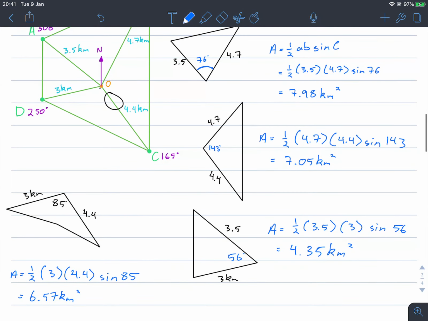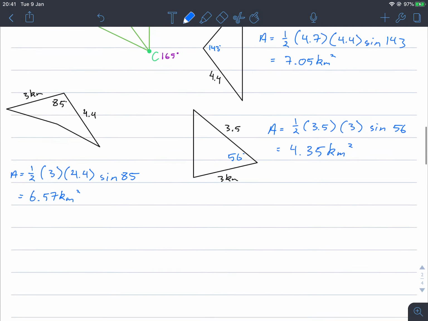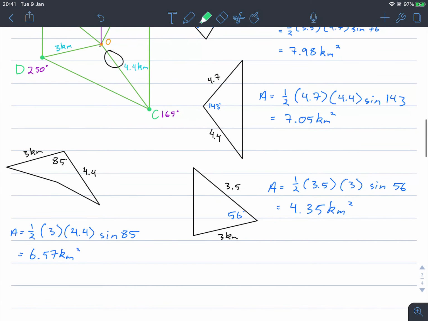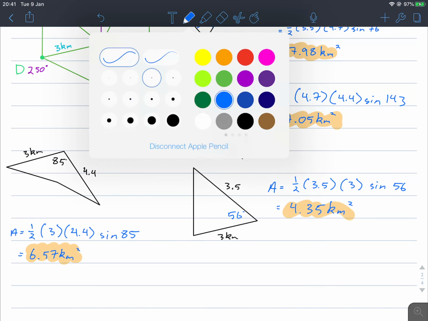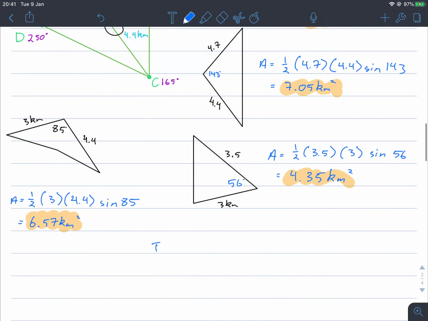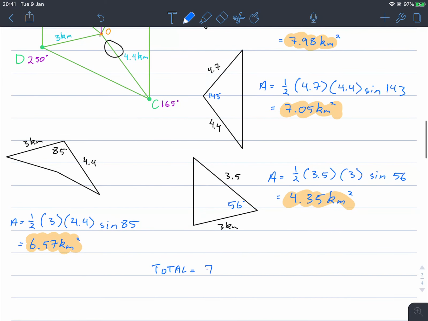Those are the 4 individual triangles. We can add them all together now, highlighting the bits that we need: this one, this one, this one, and this one. The total is 7.98 plus 7.05 plus 4.35 plus 6.57.